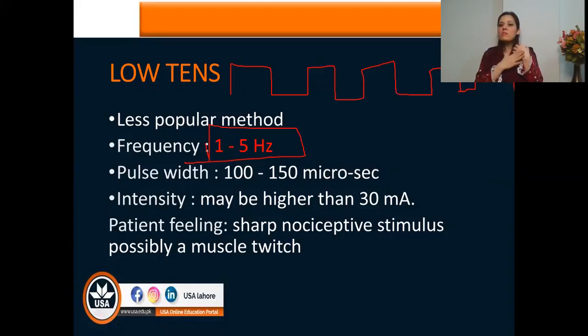And these 5 impulses are going to give you a noxious stimulus. They are going to irritate you instead of giving relief. Due to this irritation, they are going to activate the descending pain suppression system and cause the release of enkephalins and endorphins, due to which you are going to relieve the pain.